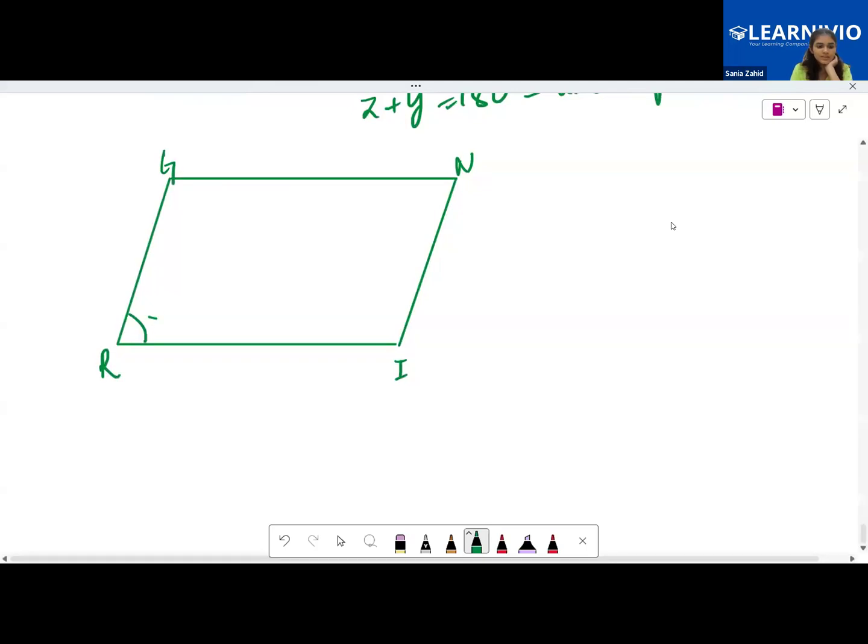So this angle is 70 degree. Find all the other angles. Angle G, N, and I we have to find. Yes. Okay, this and this. Amar, can you hear me? Am I audible to you?